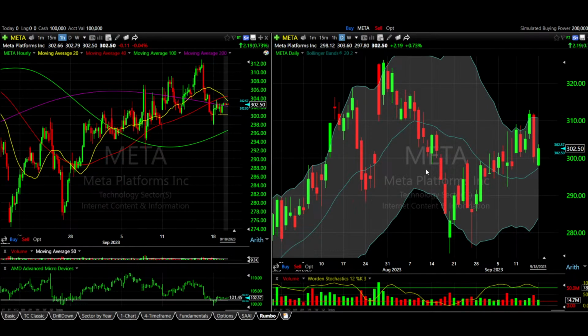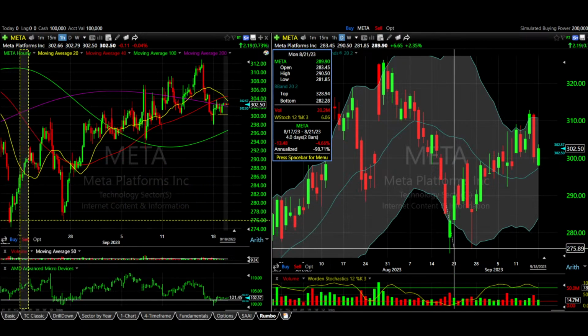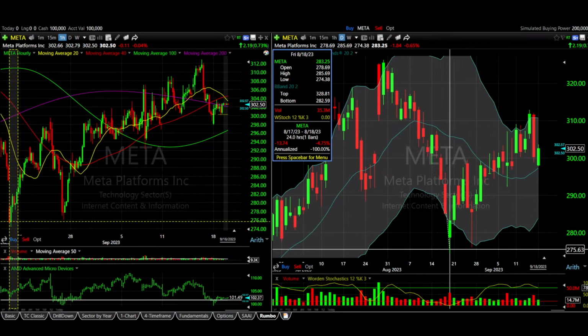A 20-point put from middle line to lower band. Then as you can see, there's some phase 2 right here. Breaks the BB. And then it starts here and goes from $289 all the way to $275.